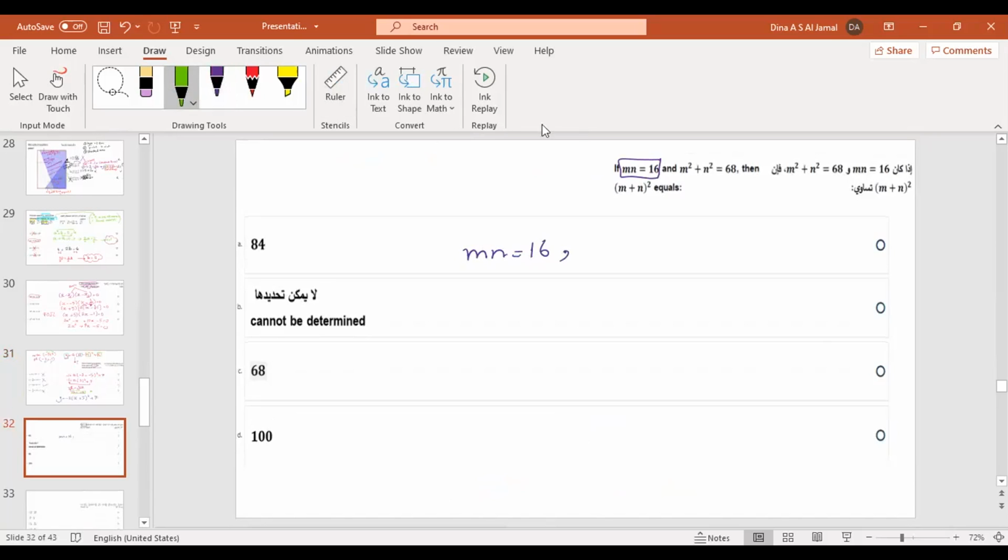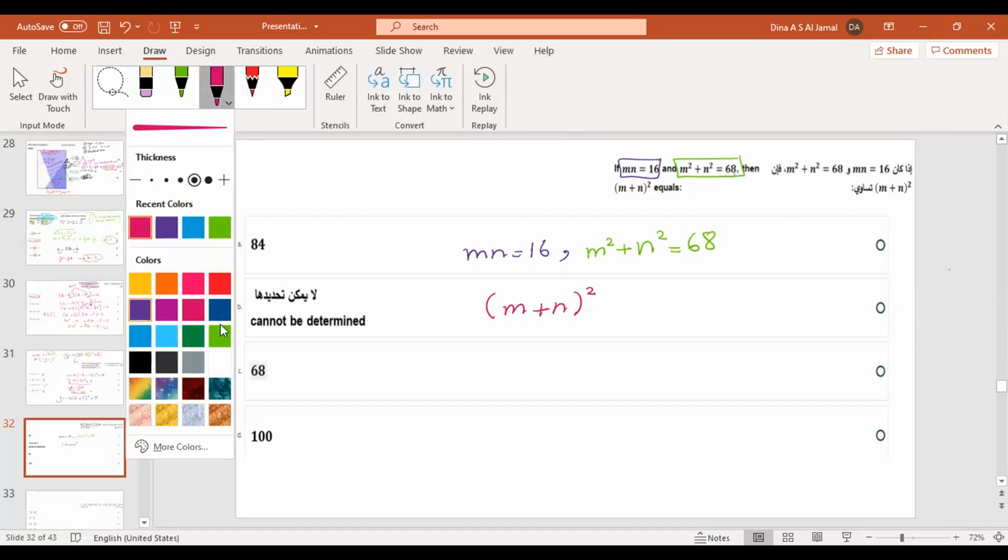And another equation, m squared plus n squared equals 68. So he's telling you, if you have this information, what could be (m plus n) all squared?